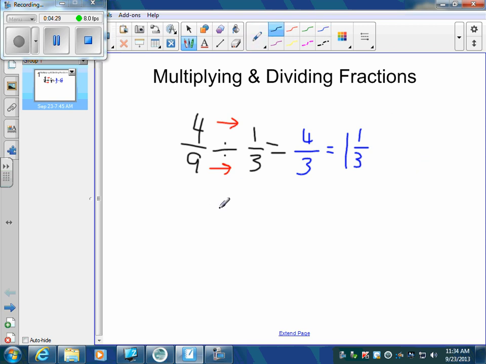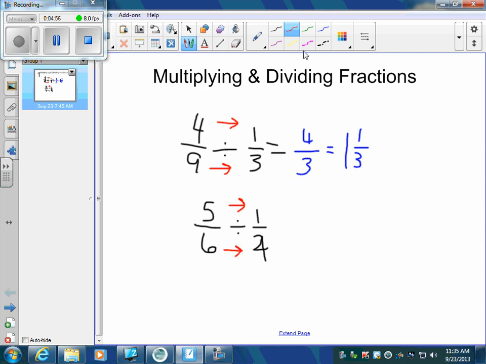My last example, let's say I have 5/6 divided by 1/4. My numerators will divide, 5 divided by 1, but my denominators will not.